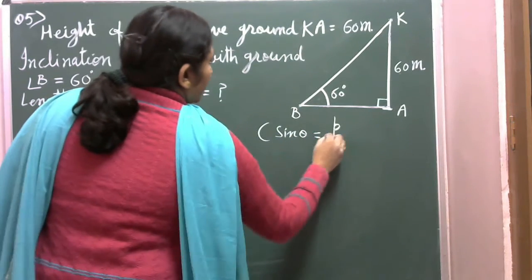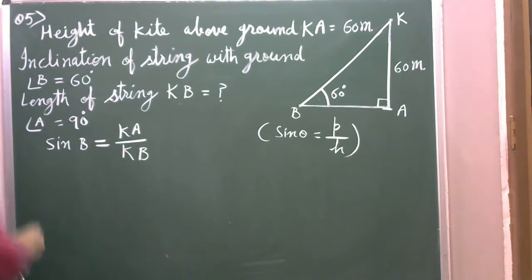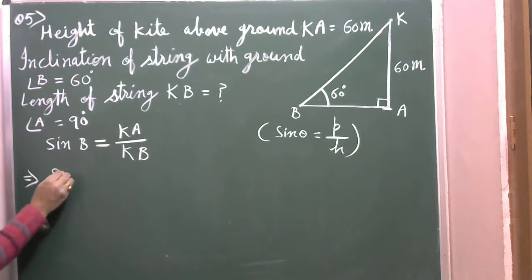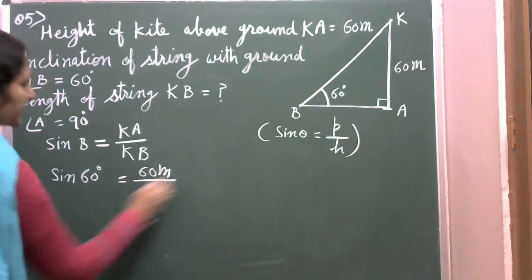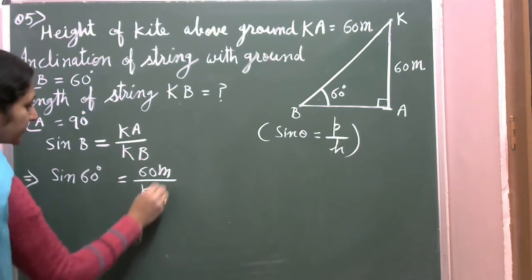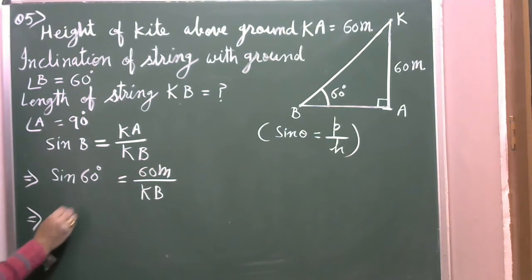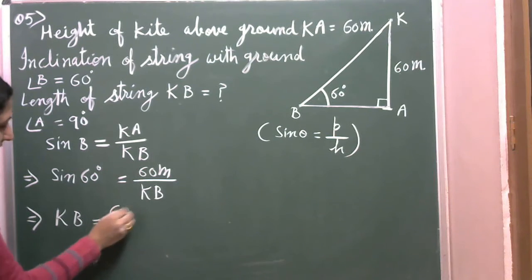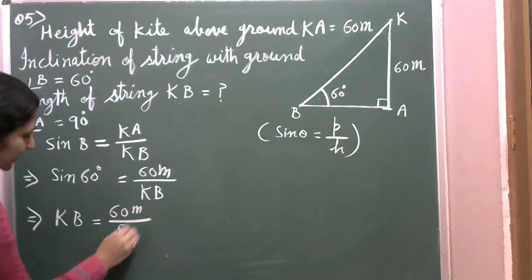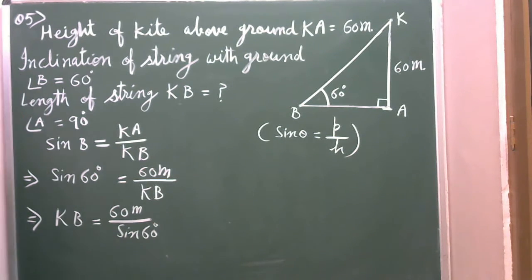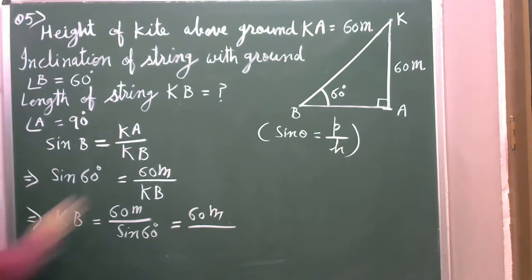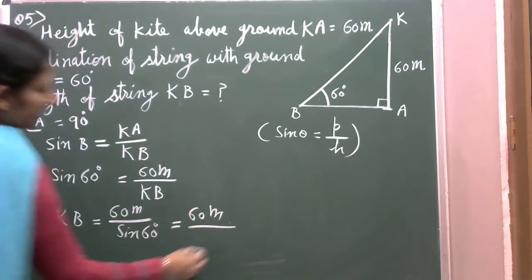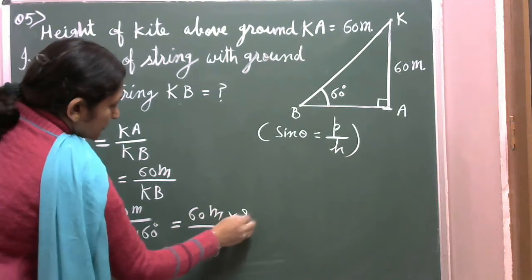It is perpendicular over hypotenuse. So sine of angle B is 60 degree is equal to KA, which is 60 meter over KB. So value of KB is 60 meter over sine of 60 degree. So it will be 60 meter and sine of 60 degree is under root 3 over 2.